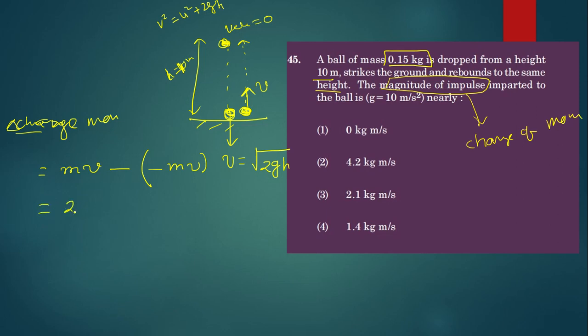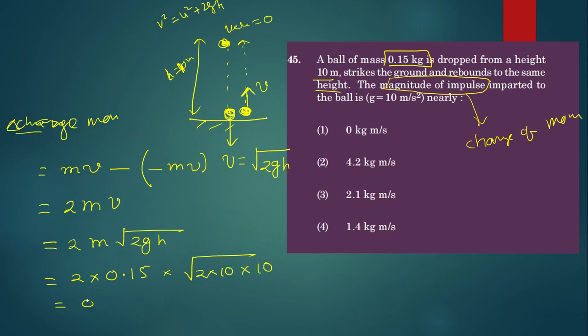So change in momentum will be equal to 2mv. So 2 multiplied by m multiplied by v, where v is nothing but square root of 2gh. Now let's put the values. M is 0.15 multiplied by 2 multiplied by the square root of 2 times 10 for acceleration due to gravity. This is 0.3 multiplied by 10 multiplied by square root of 2.